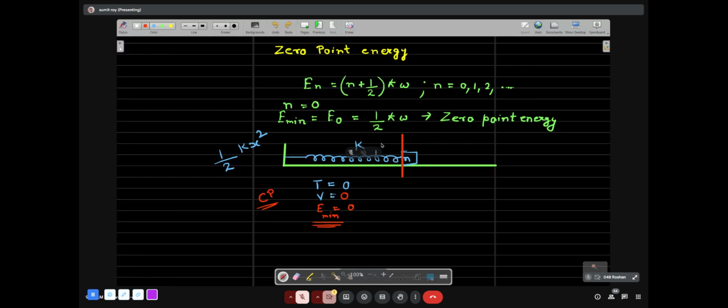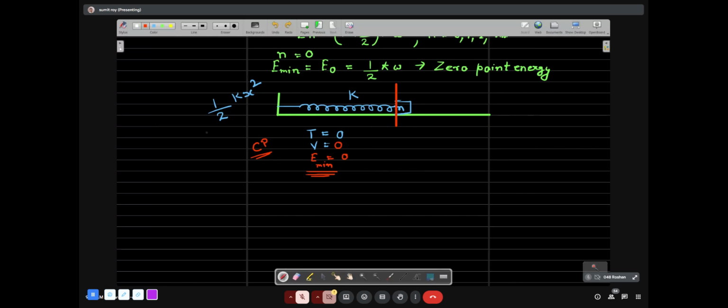Now, why is there this discrepancy? Why is the minimum energy computed quantum mechanically not 0?